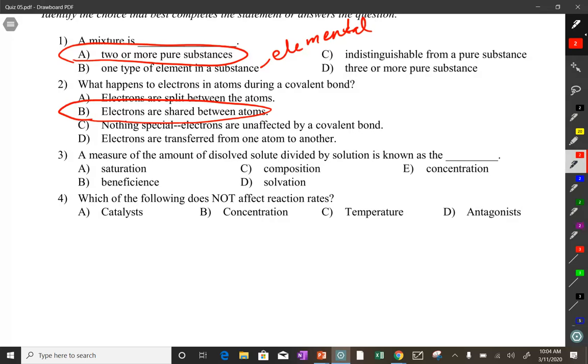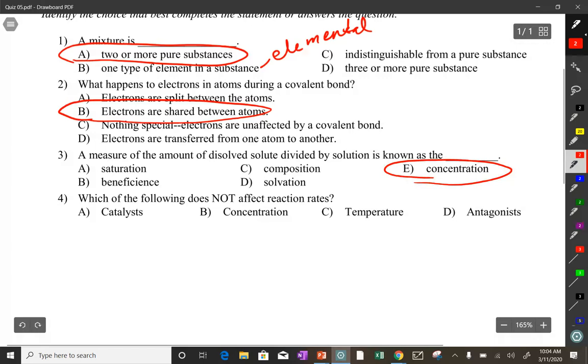Number three, measure the amount. A measure of the amount of dissolved solute divided by a solution is known as what? Saturation. Not saturation. Composition. Not composition. Concentration. Concentration. Now let's go over what these words are. Saturation is when you have as much solute dissolved as it can possibly hold.